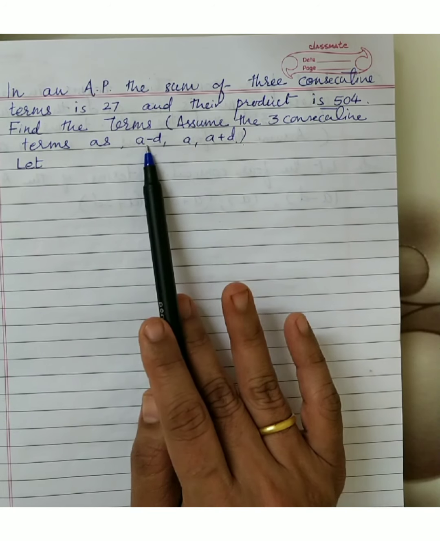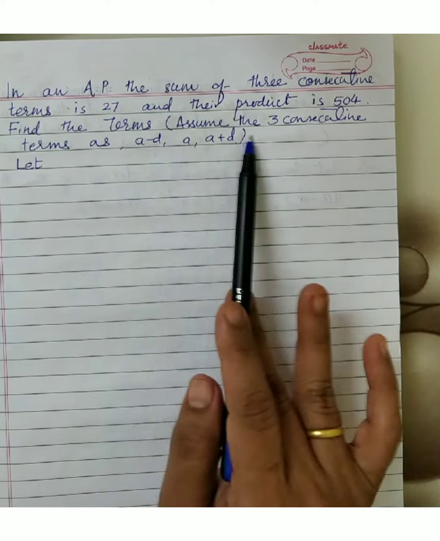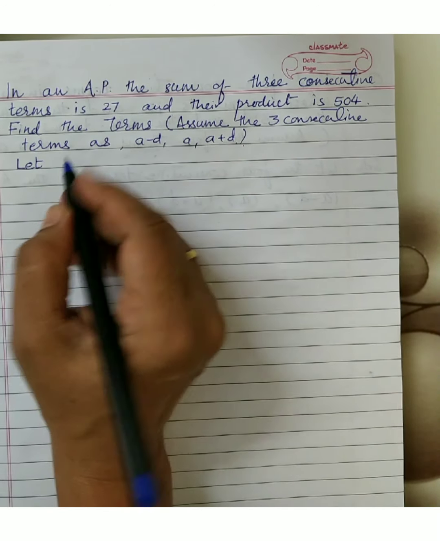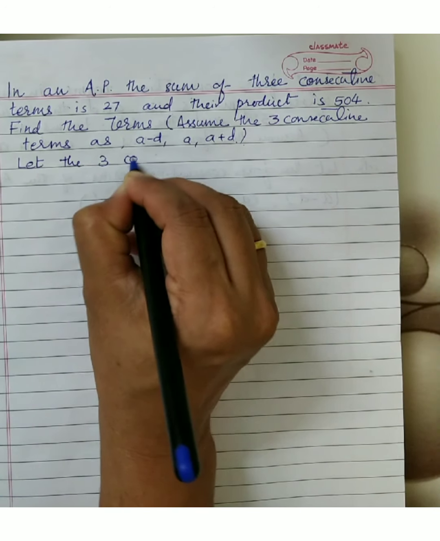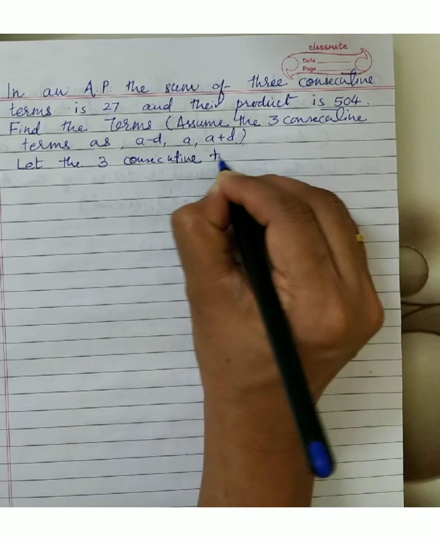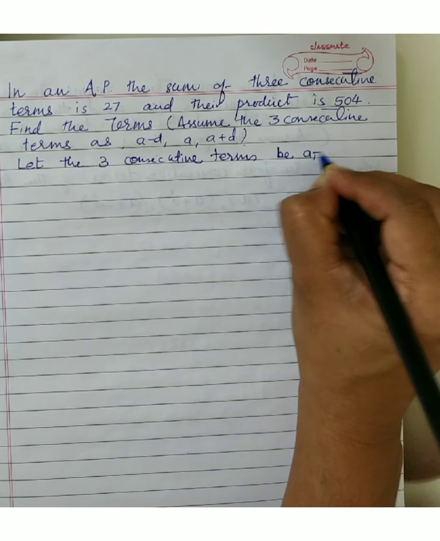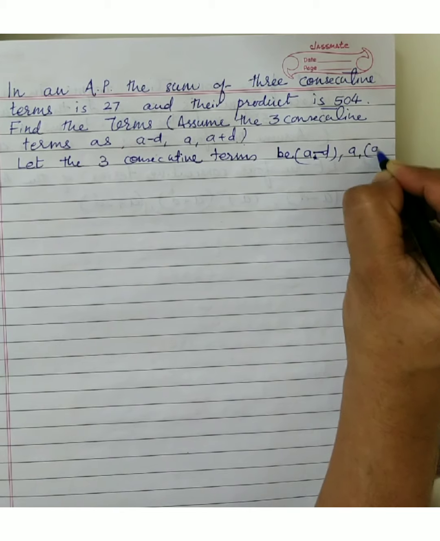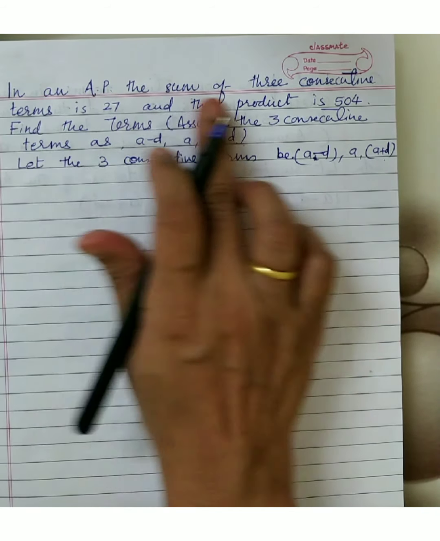Logic you must have understood. These are the 3 terms where they are increasing, where the common difference is what? D, right? So let the 3 consecutive terms be as given in the question: A minus D, A and A plus D. Now let's go for the condition.